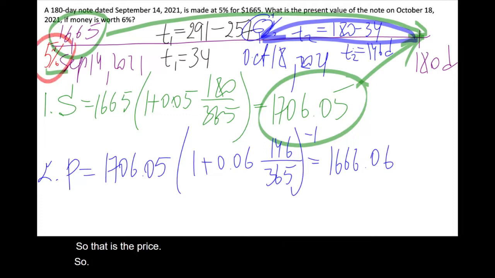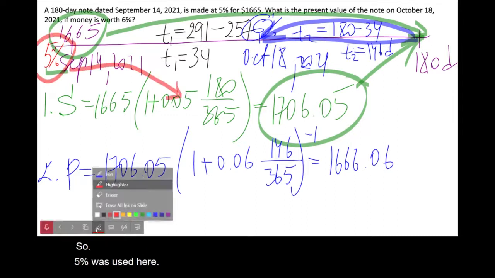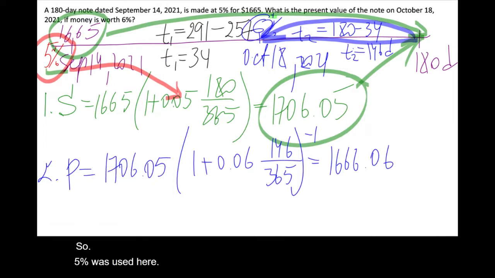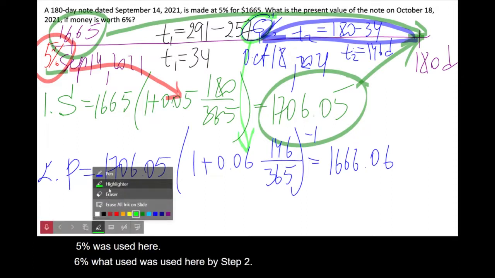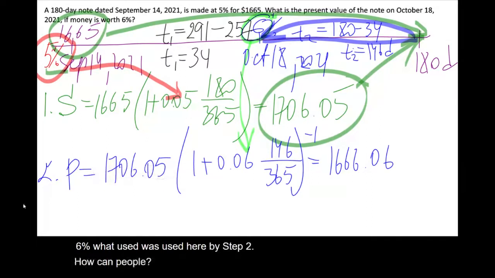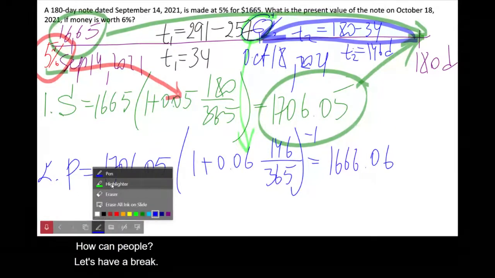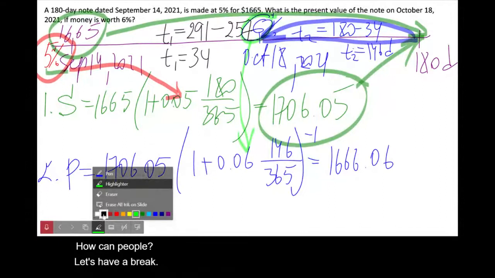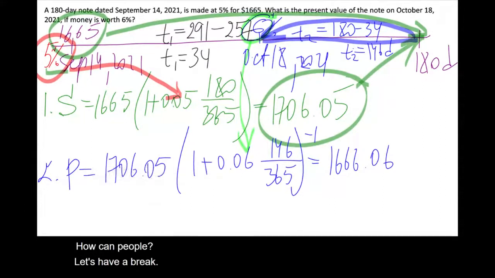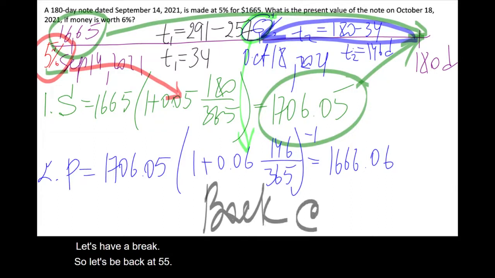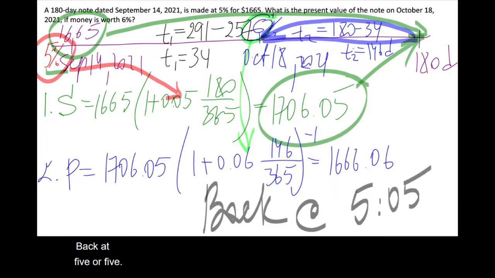So 5% was used here, and 6% was used here on step 2. Okay, people, let's have a break. Let's be back at 5:05. Okay, break.